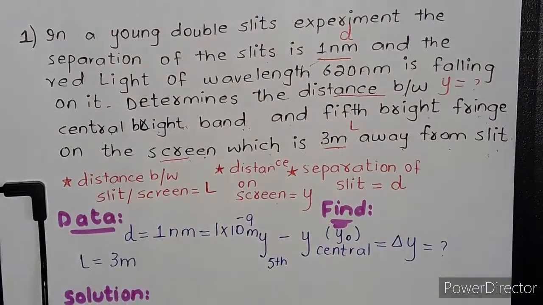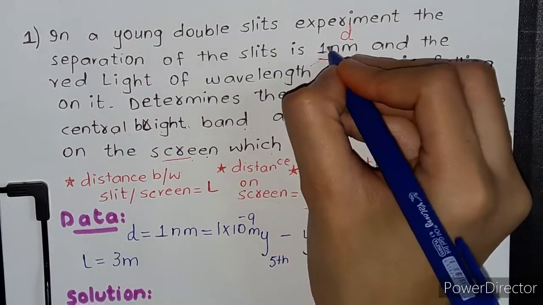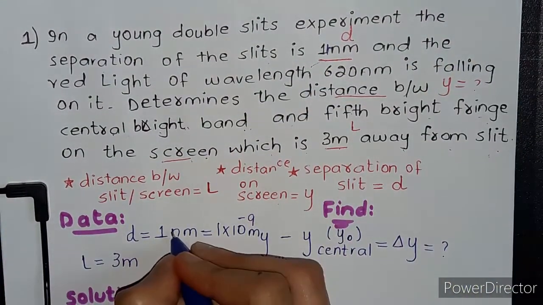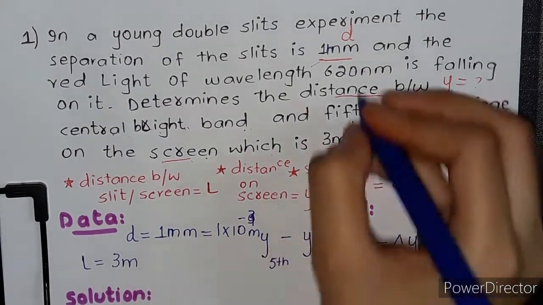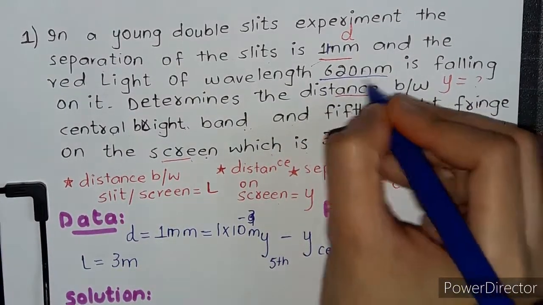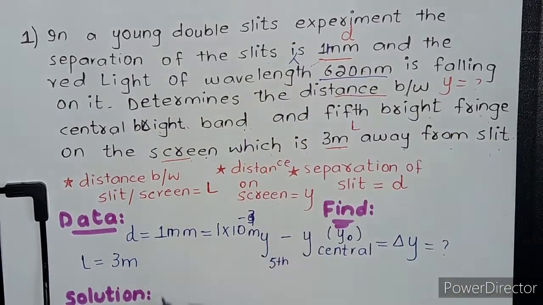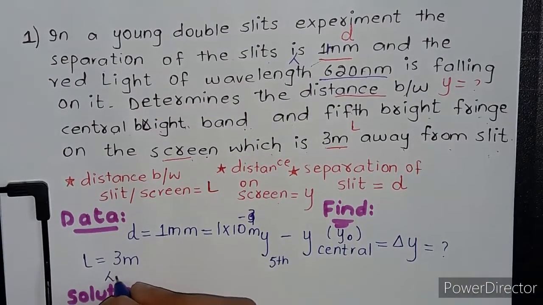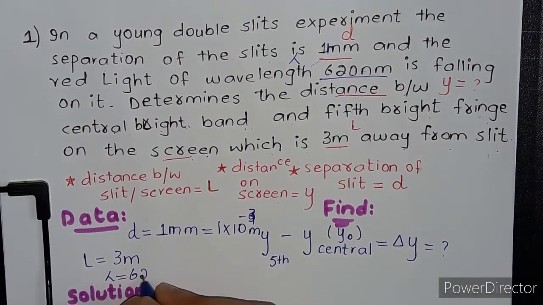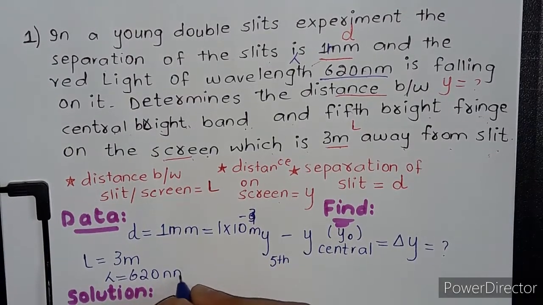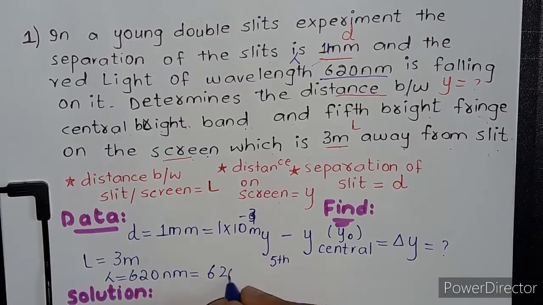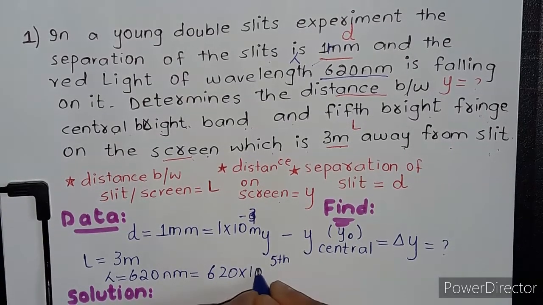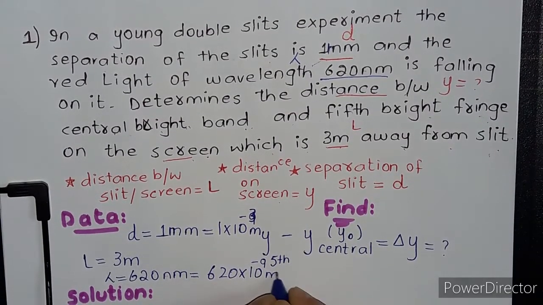In the question this is 1 meter and here it is also meter, so it will be equal to 10 to the power minus 3. And we are given the value of wavelength lambda. So we can write here lambda is equal to 620 nanometer. Now this is equal to 620 times 10 to the power minus 9 meter.